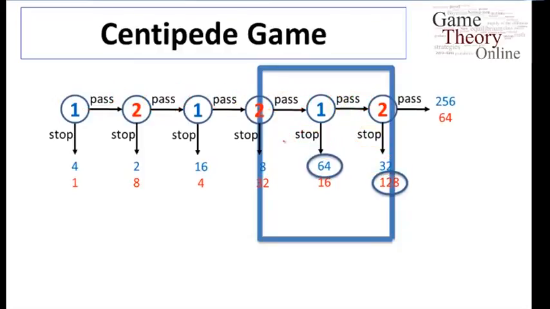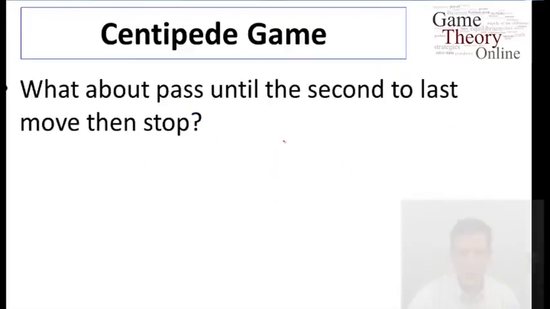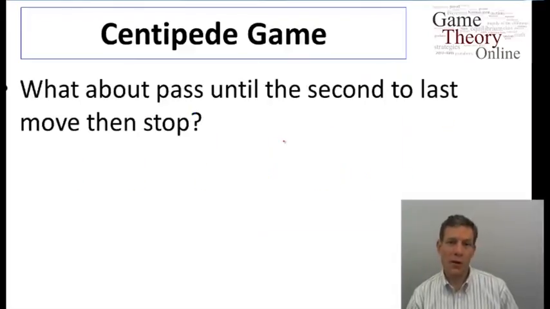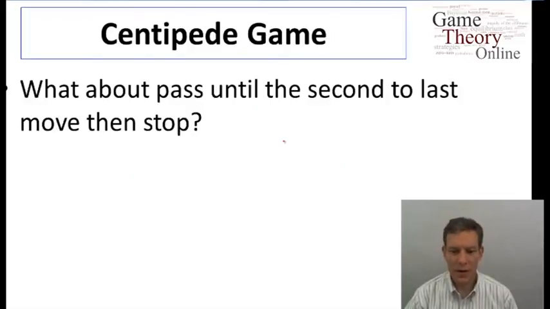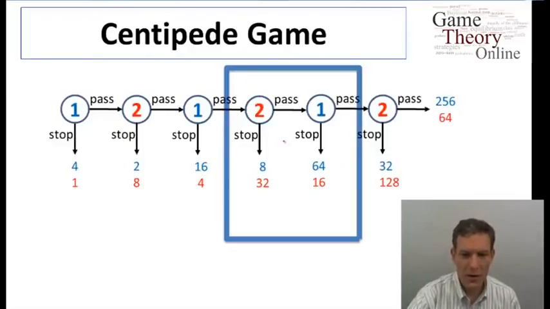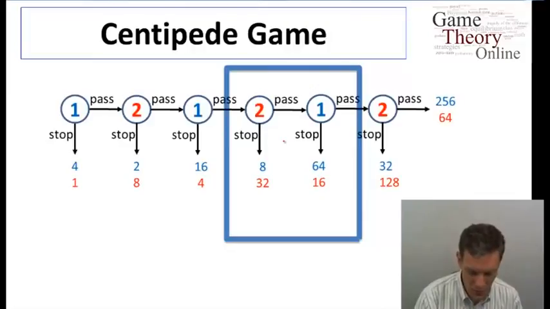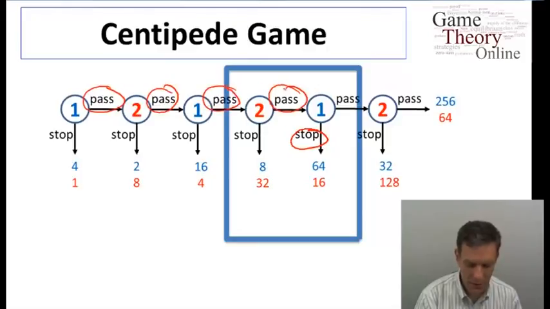Is it an equilibrium for all players to pass until the second to last move and then to stop? As we keep going in analyzing this, if we thought that this player was going to stop here, would it be an equilibrium for them to pass along this far? No. For exactly the same reasoning, here player 2 would be facing 16 if they pass. If instead they decide to stop, they get 32.